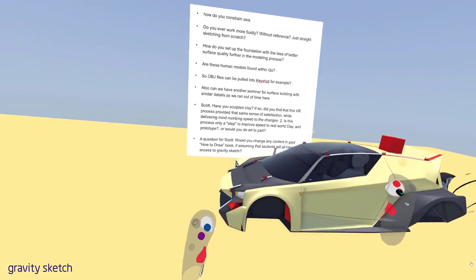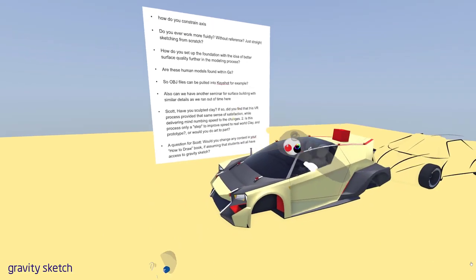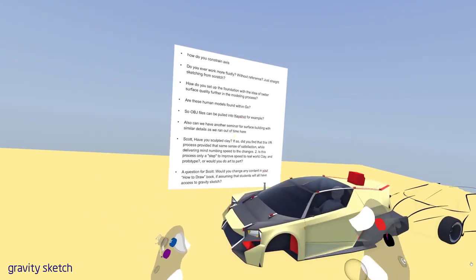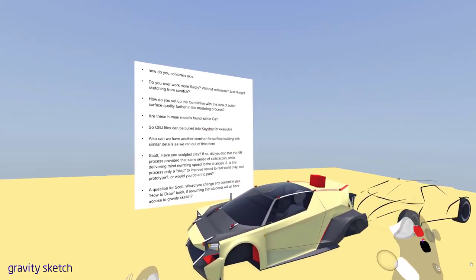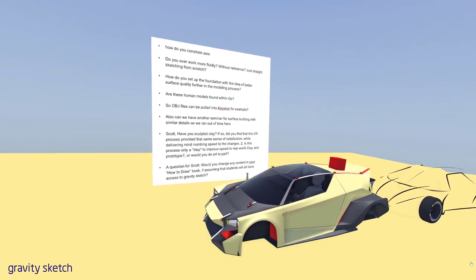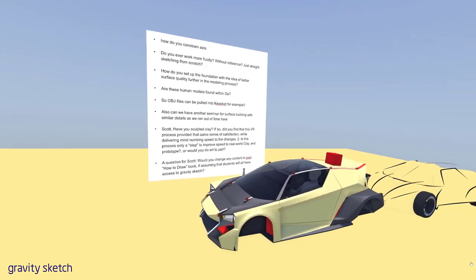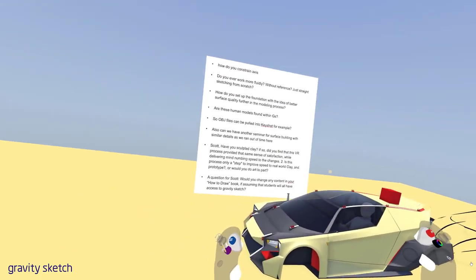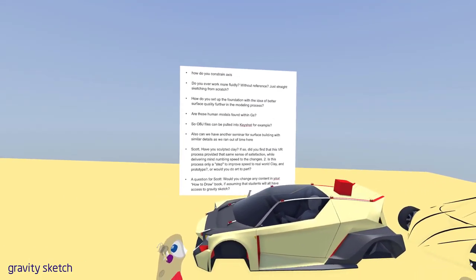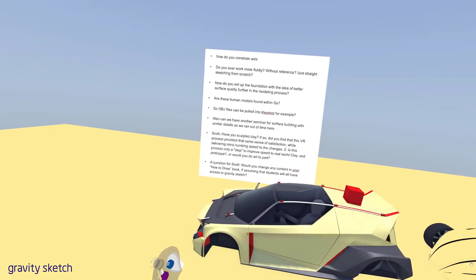You can cut these surfaces, right? You could 3D print them. You can cut them CNC, so you could cut into a clay. There have been a couple of nice case studies of a company that built a full size from their Gravity Sketch model and then hand finished the clay as a result. So I would say it's a step in the process. This is not the end all model by any means.